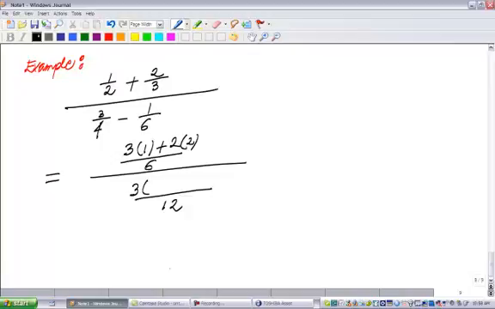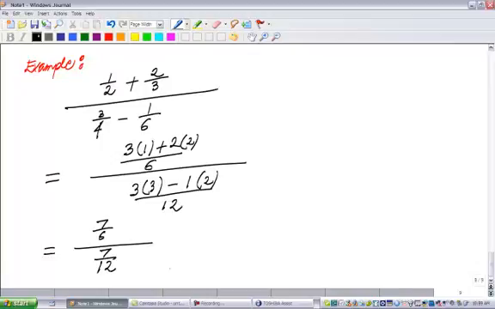So I get 3 times 3 minus 1 times 2. Right? So this is equal to, this is 3 plus 4, so that's 7/6. Whole thing divided by 9 minus 2, which is 7/12.